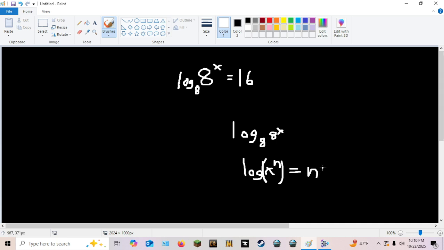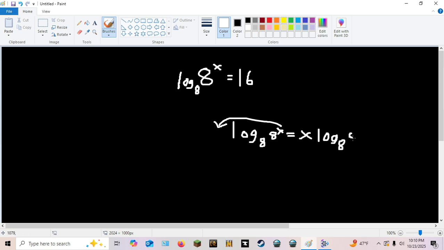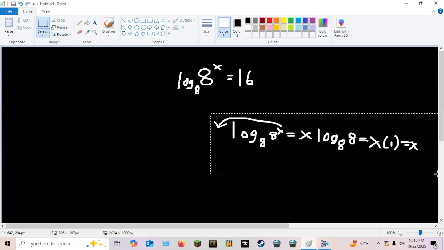So let's move the x to the front. Let's do x log base 8 of 8. We know that if we take the logarithm of a base, it equals 1. So this equals x times 1, which equals x. So that's why it equals x.